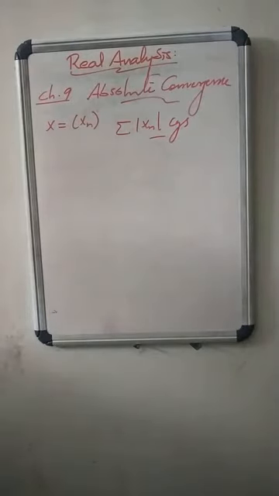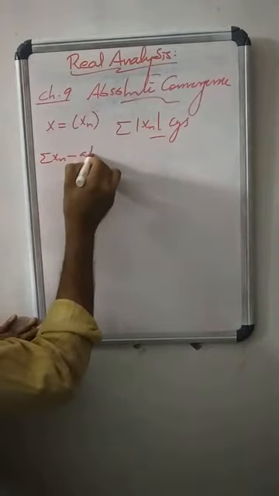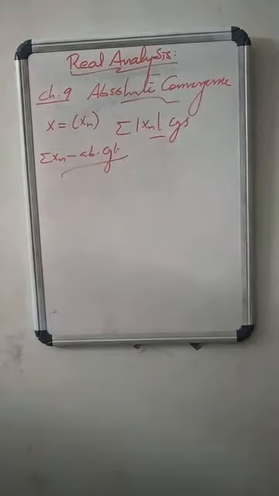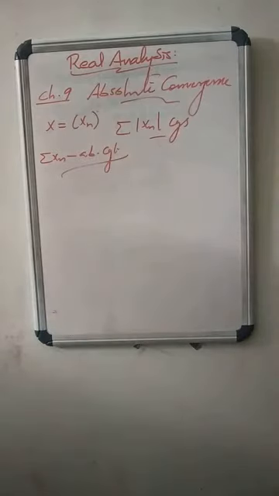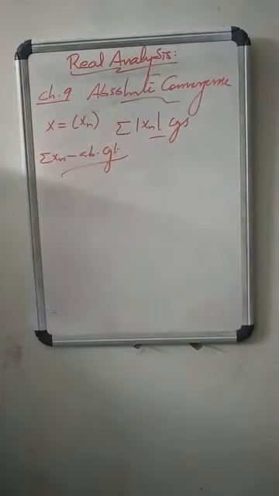The series sigma xn is absolutely convergent only when sigma mod xn converges. Agreed?